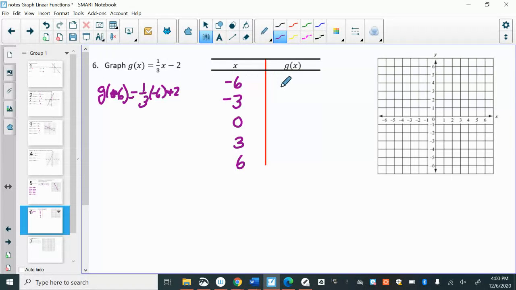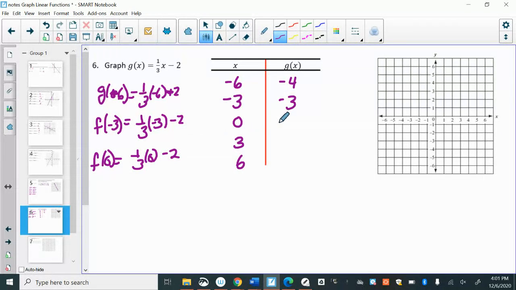There should be a minus there, so that would be -4. G of -3, that's going to get you -1 minus 2, so it's going to be -3. G of 0, so 1/3 times 0 minus 2, you get -2.